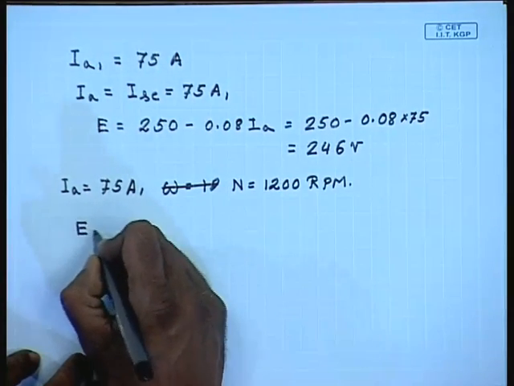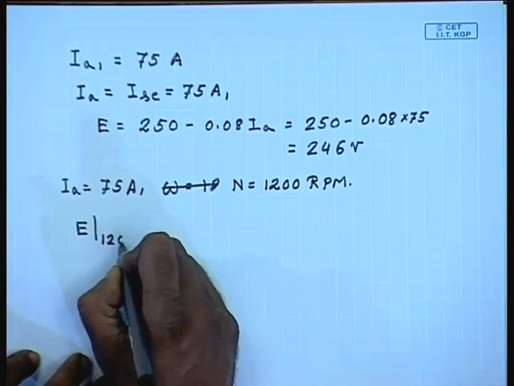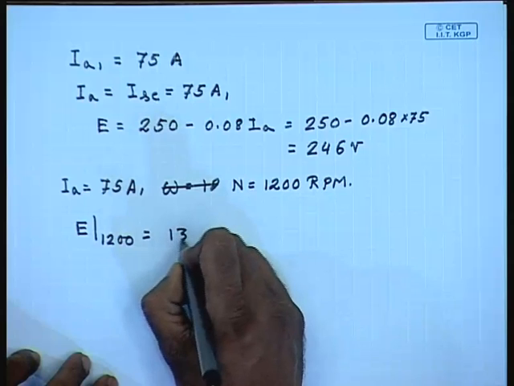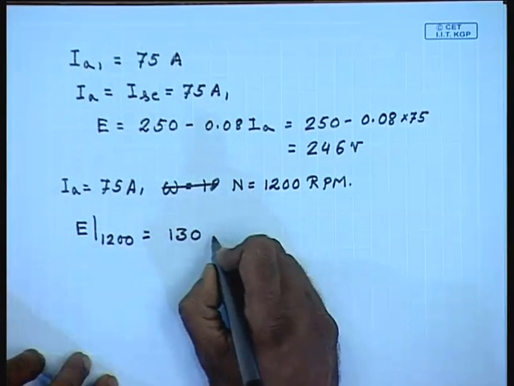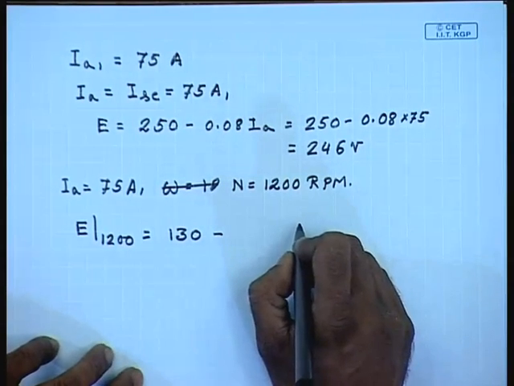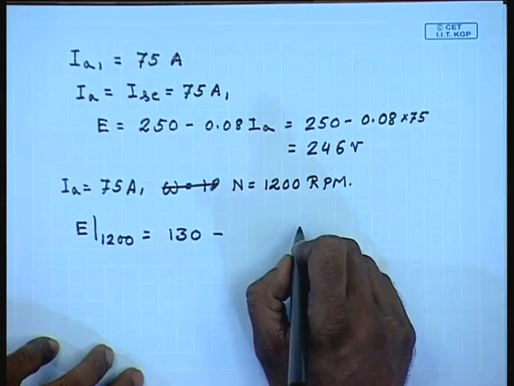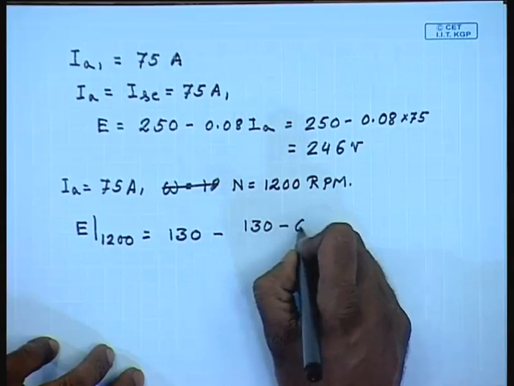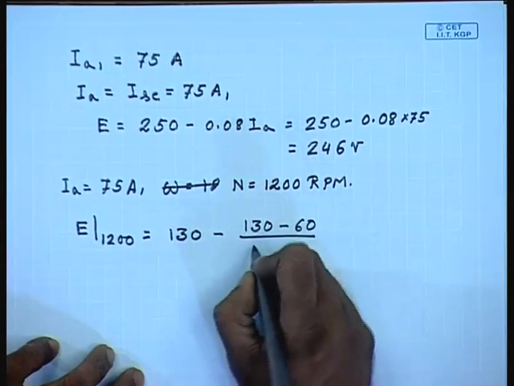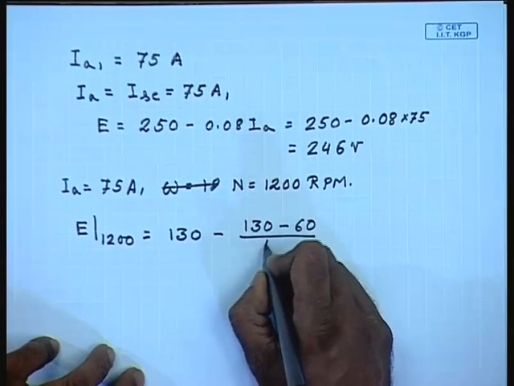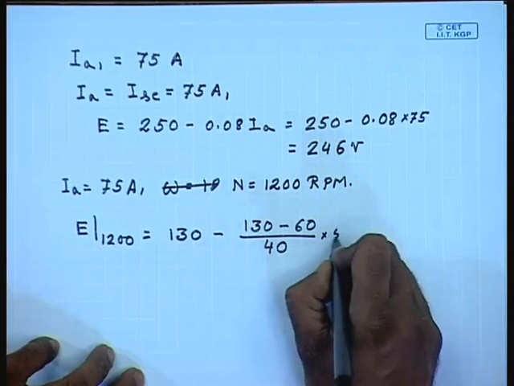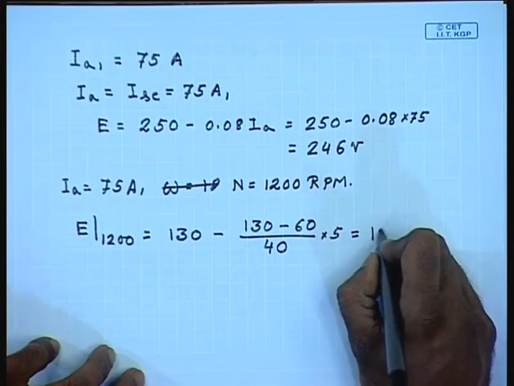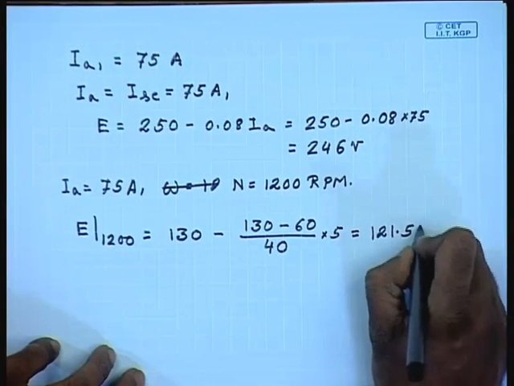E at 1200 will be equal to E at 80 is 130 minus... this comes to 121.5 volts.